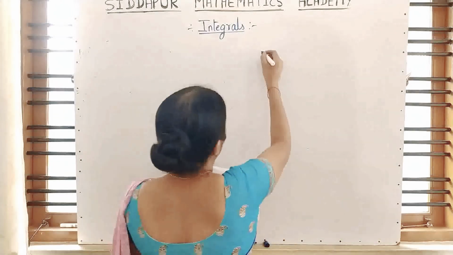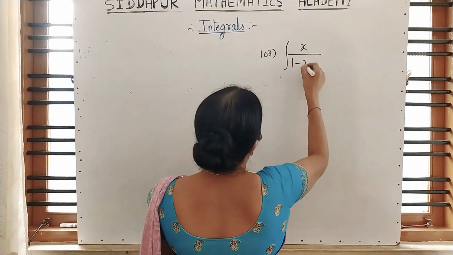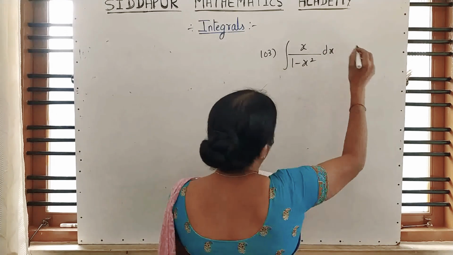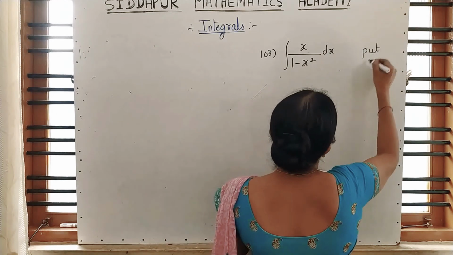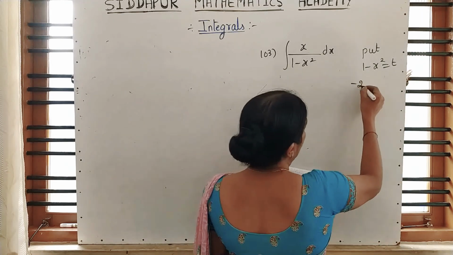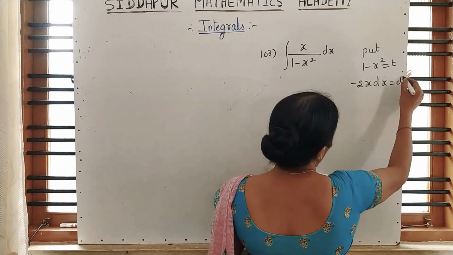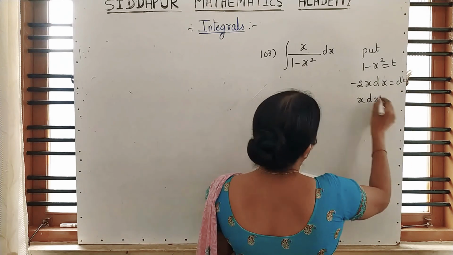Question number 103. x upon 1 minus x square. Here the substitution is 1 minus x square is equal to t, minus 2x into dx is dt, because differentiation of 1 is 0. We require only x into dx.